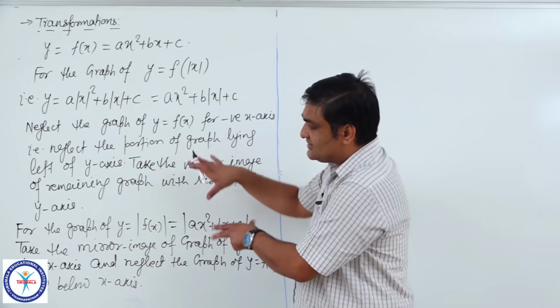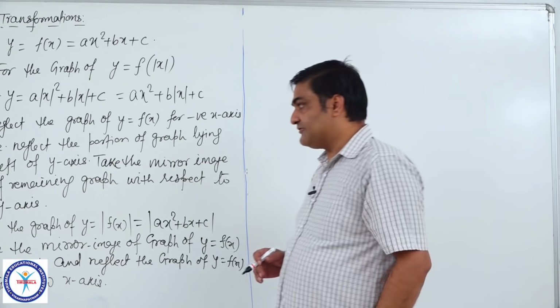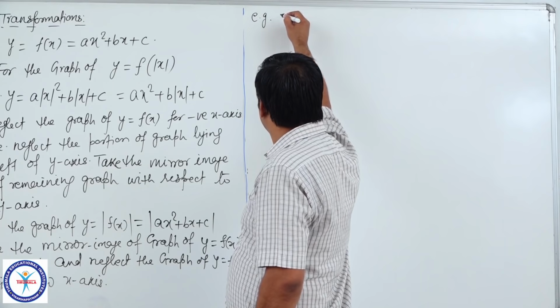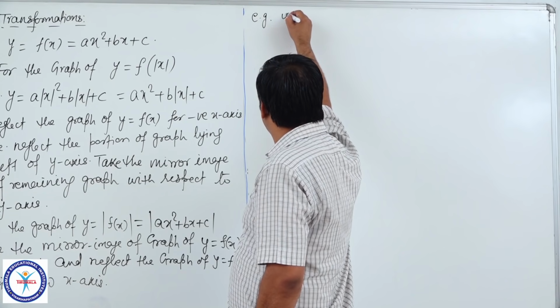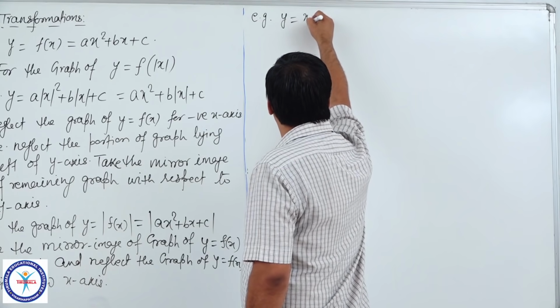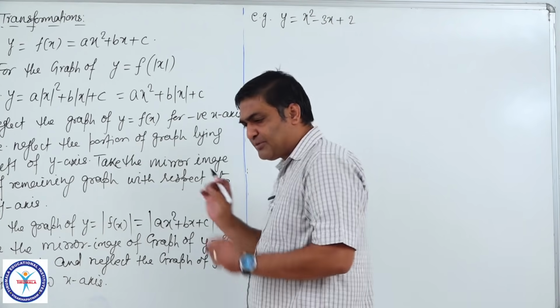And let us understand these statements through an example. For example, see y equal to x square minus 3x plus 2. A simple graph.